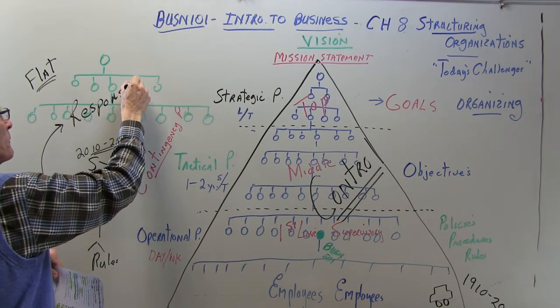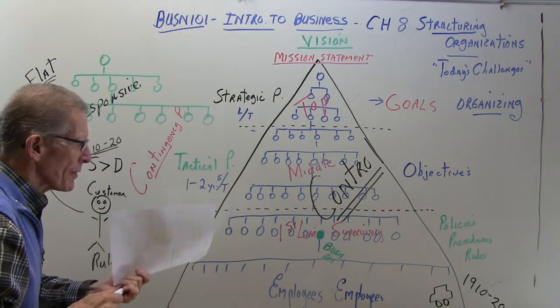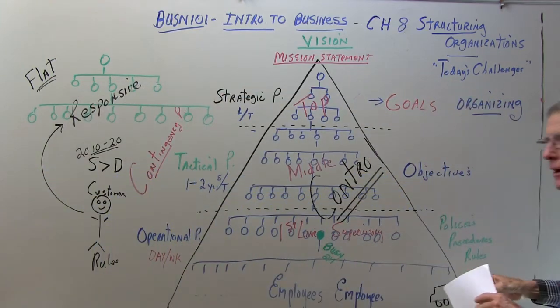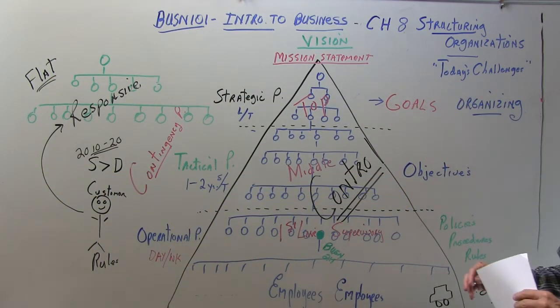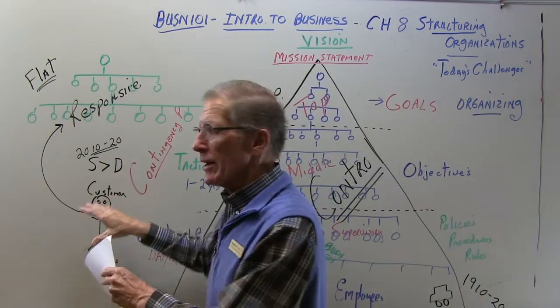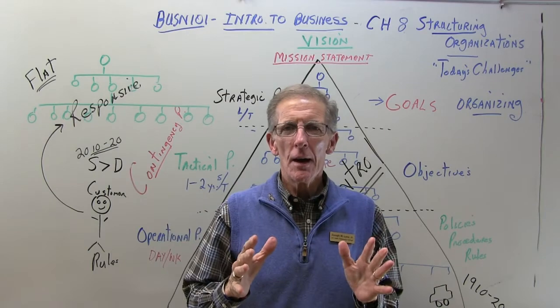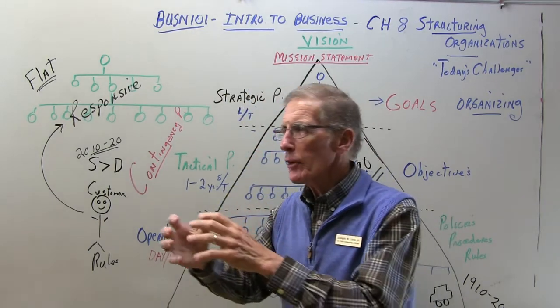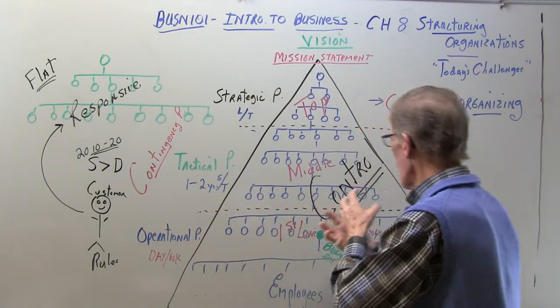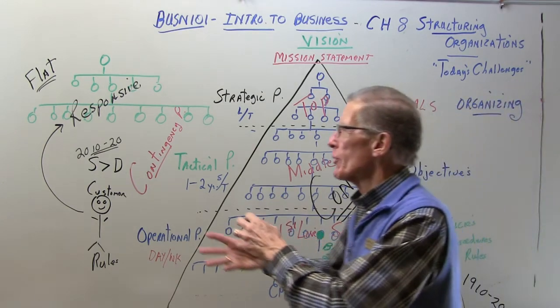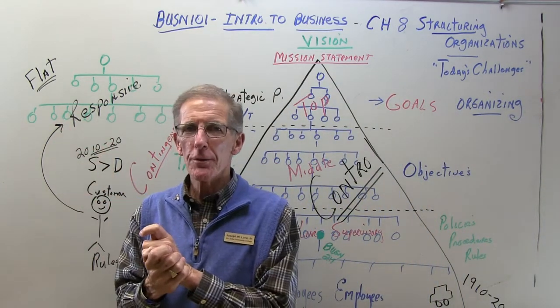responsive. What's the number one thing in 1920? The product. What's the number one thing in 2020? The customer. Would it be reasonable to assume that an organizational structure that is built for control might be a different organizational structure than one that is built for being responsive?